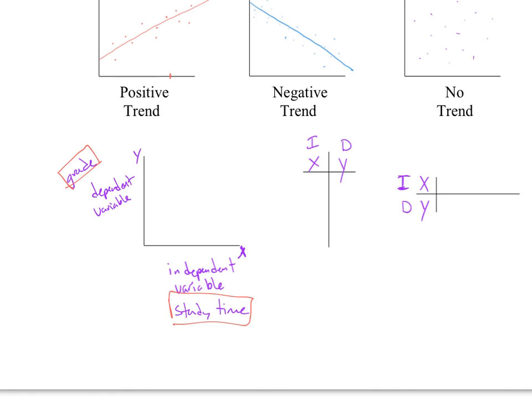Time is almost always, and in our case in this class, time will always be on the x-axis. So if it's a measurement of time, it is your x value no matter what. Okay? You guys have any questions on those?